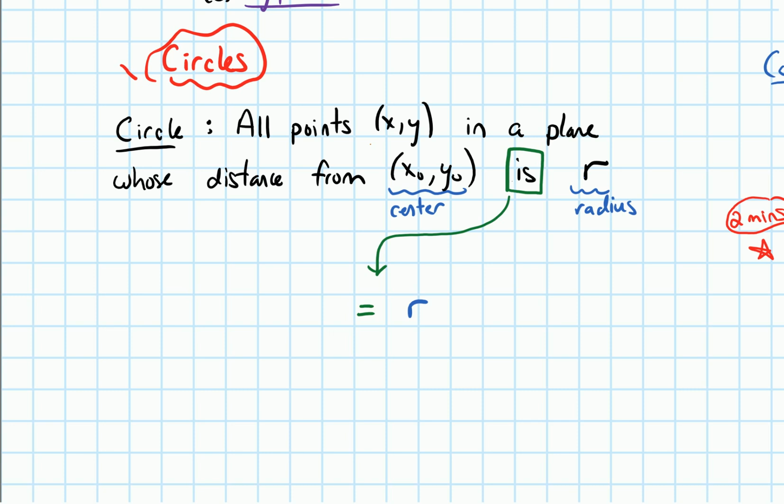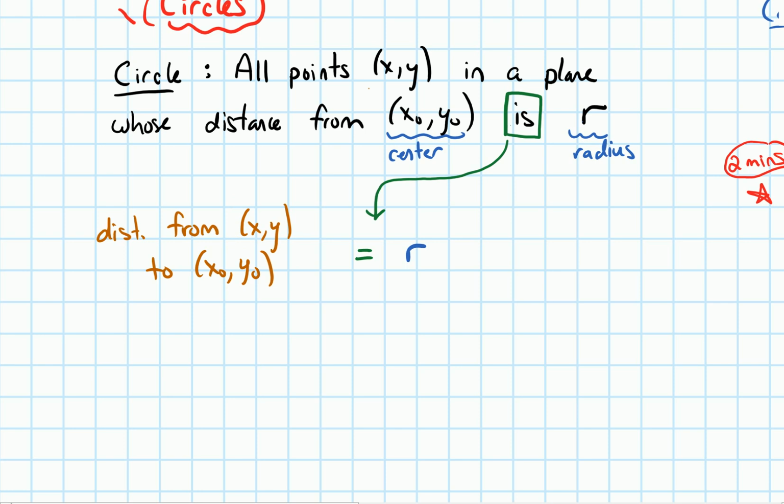And on the other side of the word "is" is a distance. So it's the distance from the point x, y to the center point x naught, y naught. Okay, now we can use the distance formula to write down the distance between these two points.